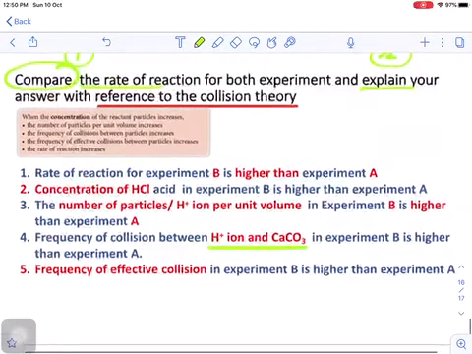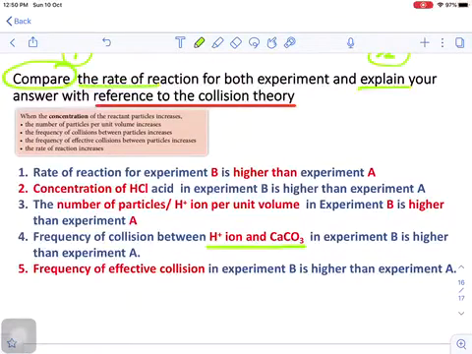Okay, next, point number 5. Frequency of effective collision between particles in experiment B is higher than experiment A. Itu yang menjelaskan kenapa rate of reaction untuk B tu lebih tinggi sebab frequency of effective collision between particle dia in B is higher.